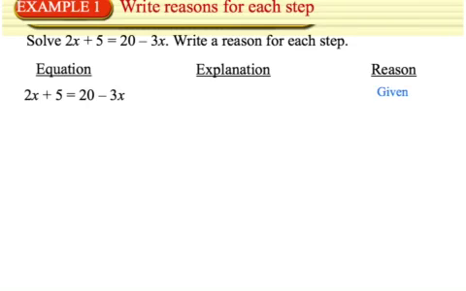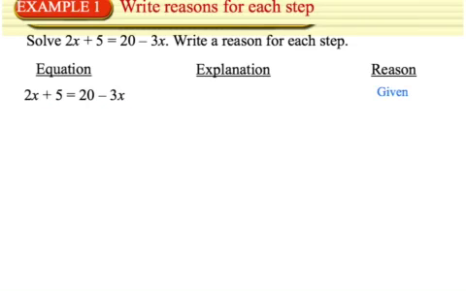So the first thing you might think to do is maybe add that 3x to both sides. You don't have to write this just yet. I'm just describing what your thought process is. Well, we would need a reason for why we're allowed to do that. And that reason is just the addition property of equality. So that's kind of where we're going with this.